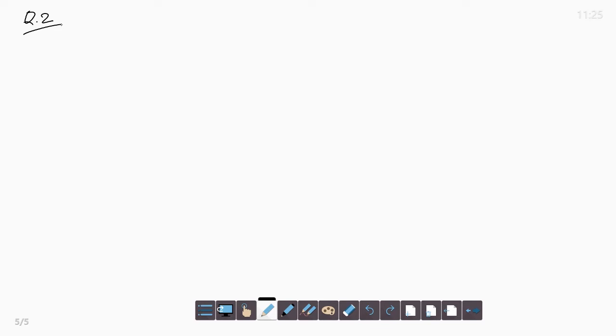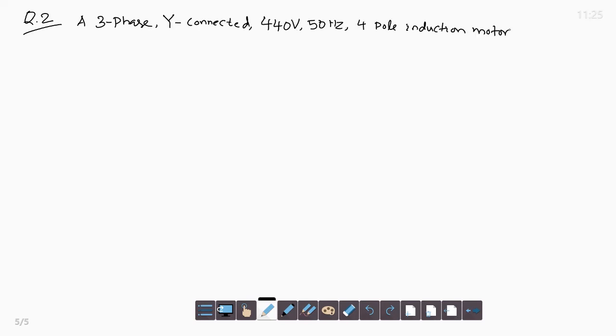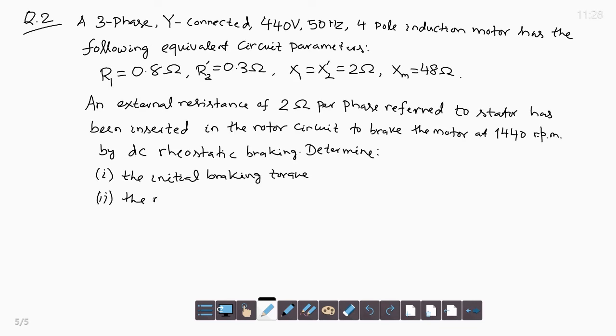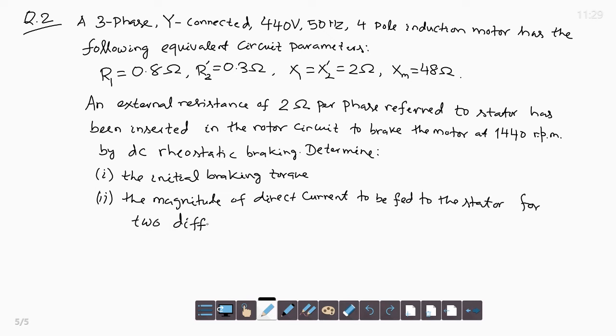We will do another numerical on DC dynamic braking. The question is like this: a 3-phase star connected 400 volt 50 hertz 4 pole induction motor has the following equivalent circuit parameters.